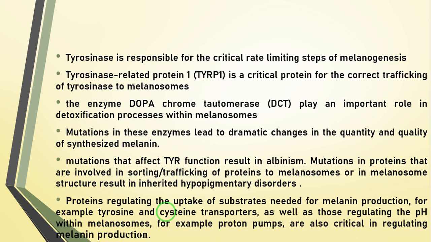As we said, more than 25 genes are involved in the melanin biosynthesis, so there are a lot of proteins and enzymes that are involved in the production of the melanin. We talked about the tyrosinase, which is the enzyme that converts the tyrosine to the DOPA, then dopaquinone, and mutation of the gene that is responsible for tyrosinase will give us a special syndrome called albinism.